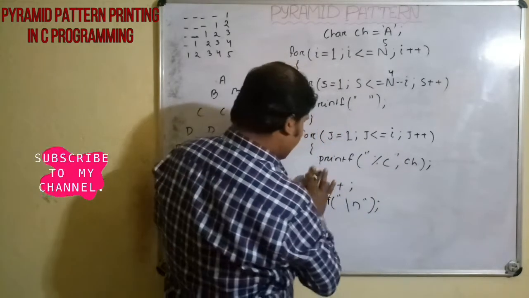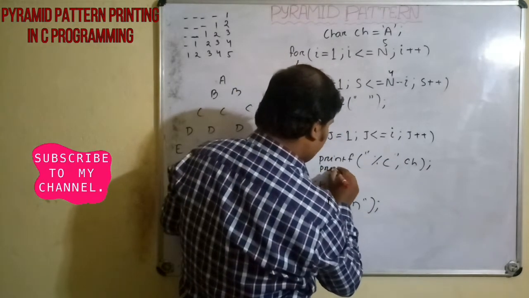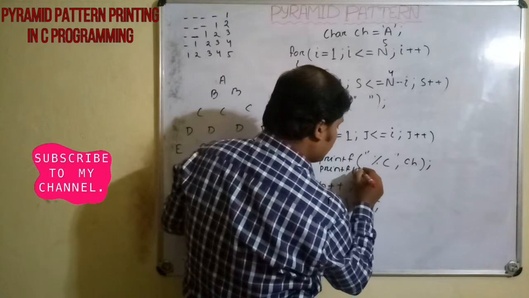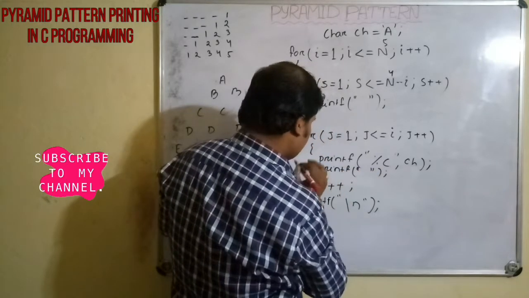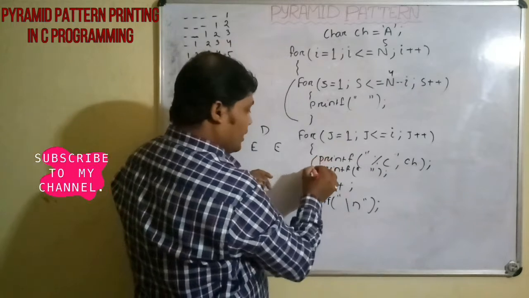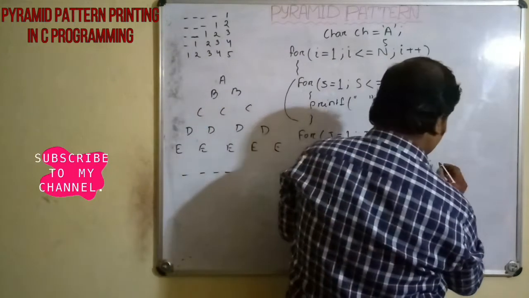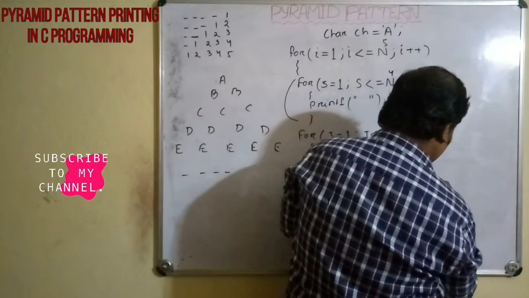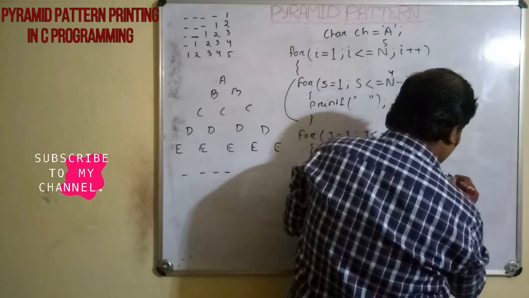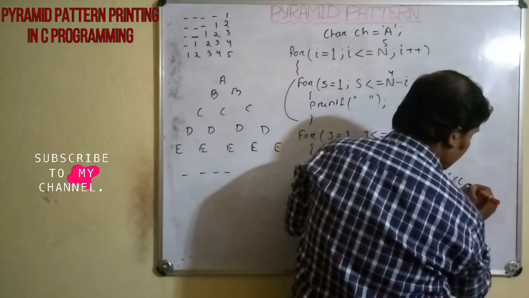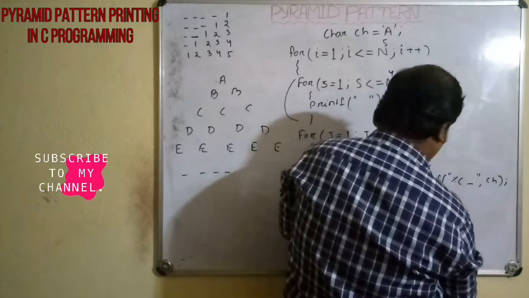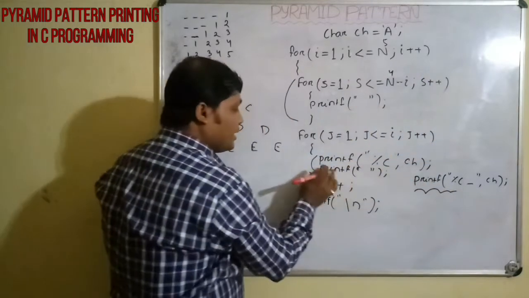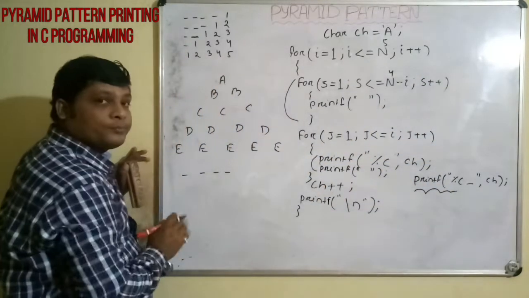Here, after printing this, we have to give printf space. Instead of writing these two lines, you can write only one line: printf percentile c, one space, then ch. You can write this line instead of these two lines.